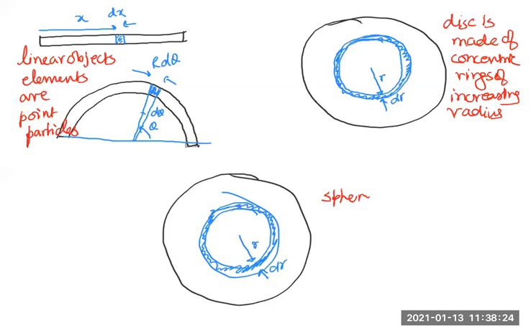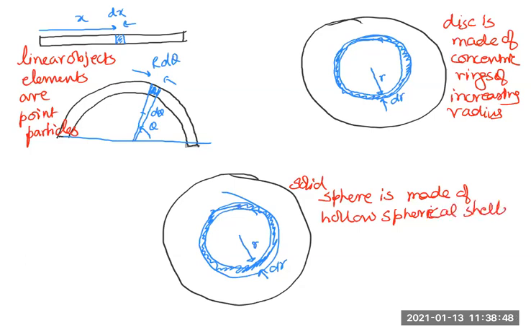A solid sphere is made of hollow spherical shells of increasing radius.